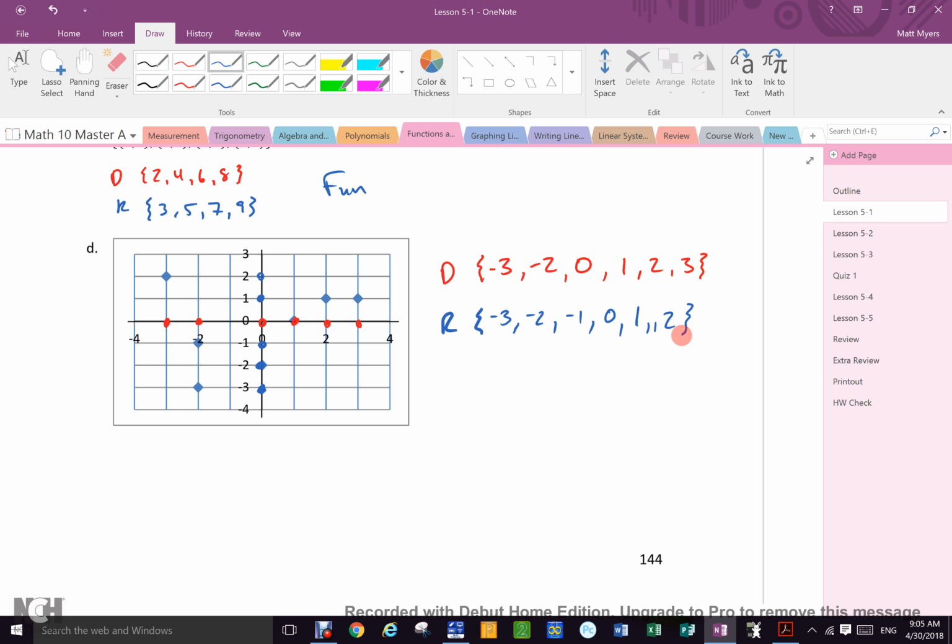Yes. Do I have a function? Why not? What happens at X equals -2? What are my Y values? -1 and -3. Does everybody understand? At that X value, I had 2 Y values, -1 and -3. So no good. Everybody cool?